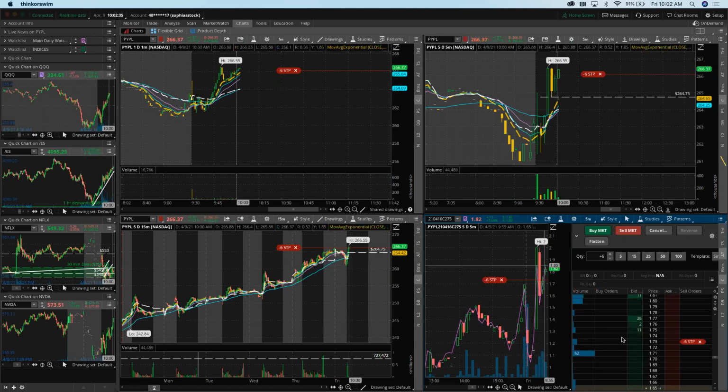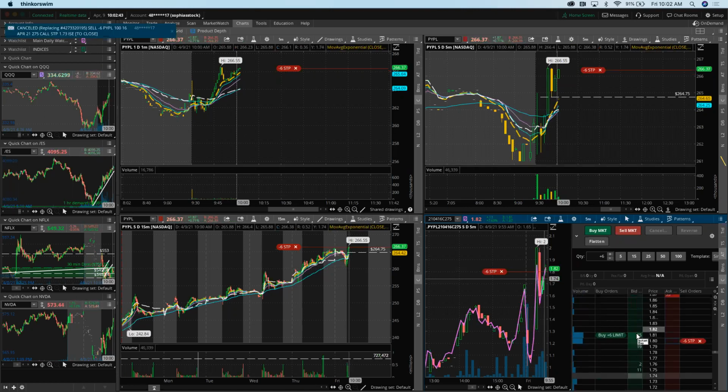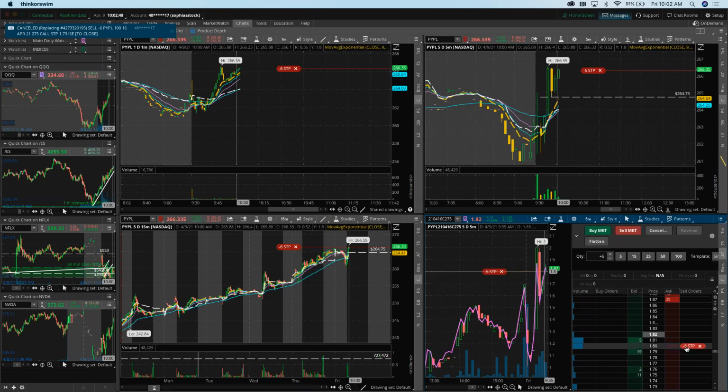I'm gonna move my stop up, secure more profits. Price action on 5 minutes is pointing up. So yeah, there it goes. One more push. Come on, buyers.